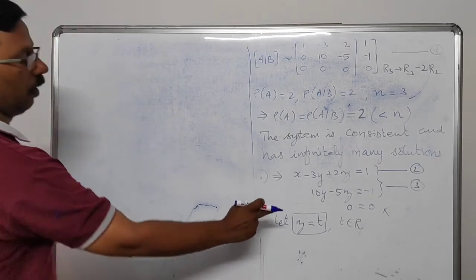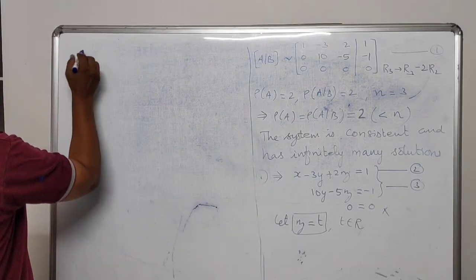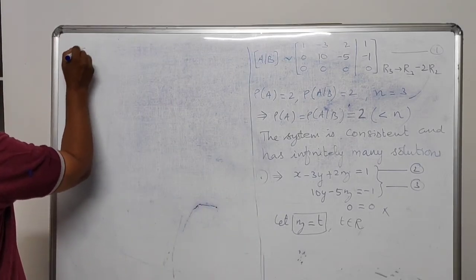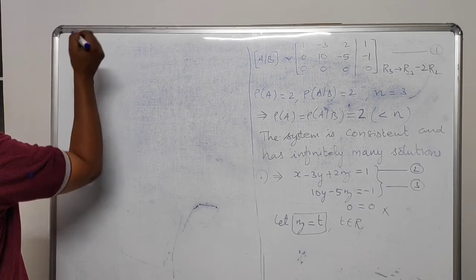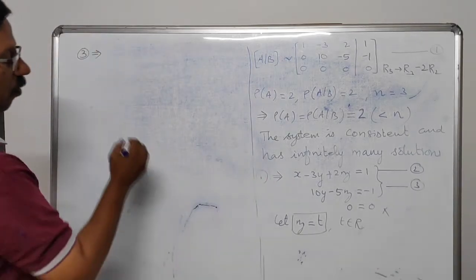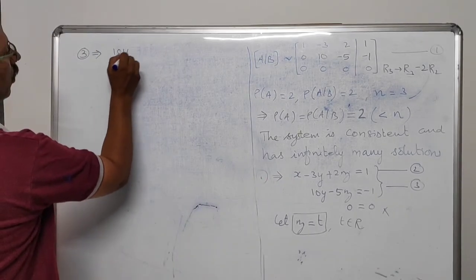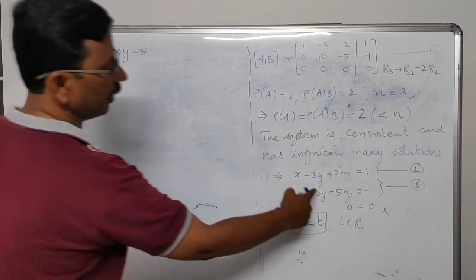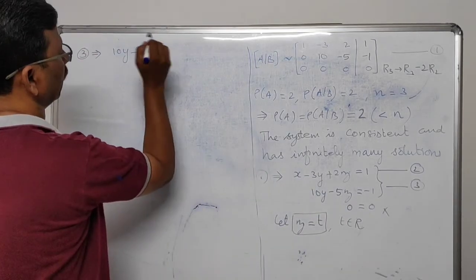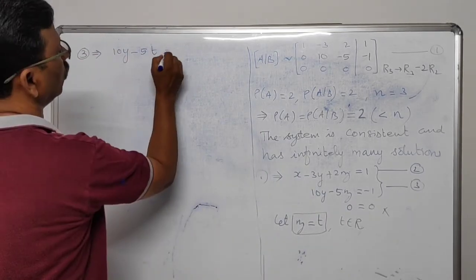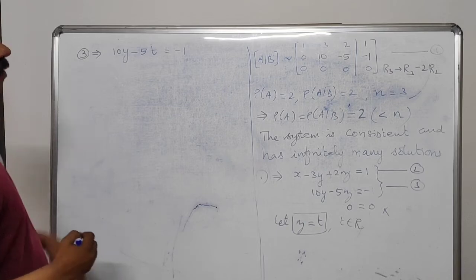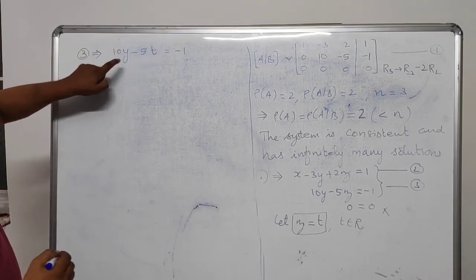Therefore, equation number 3 implies 10y minus 5z, z means t we have taken, equal to minus 1. From this equation, we need to find the value of y.